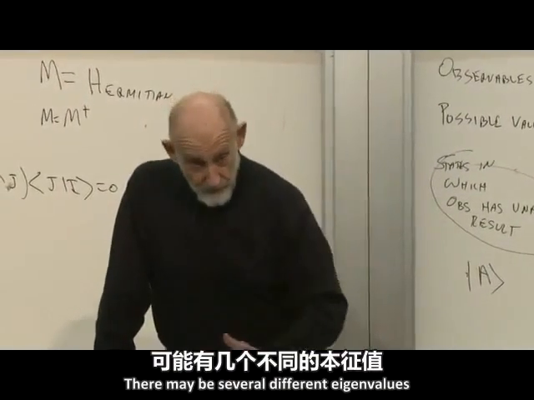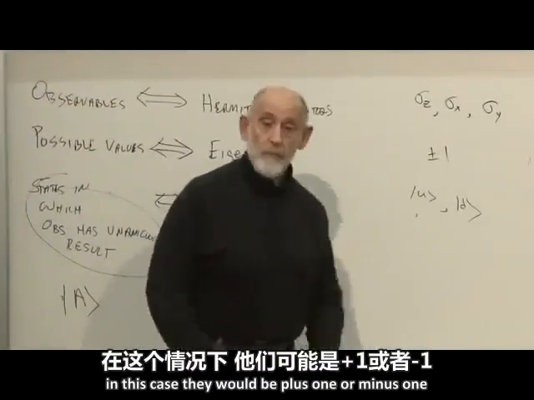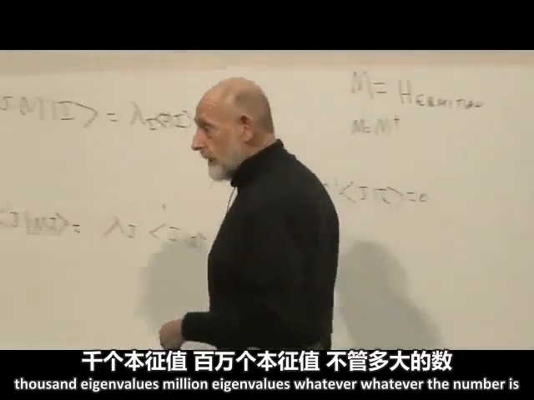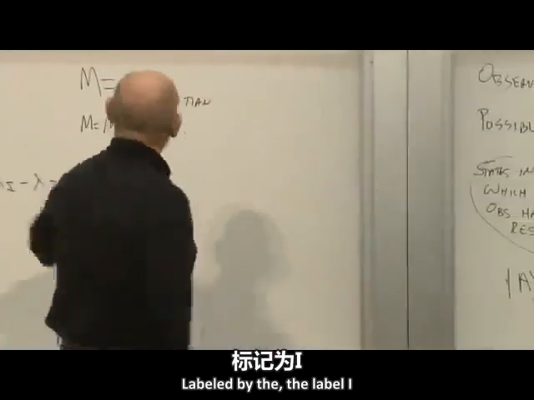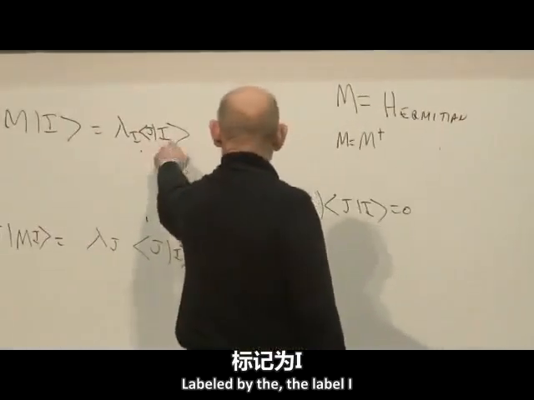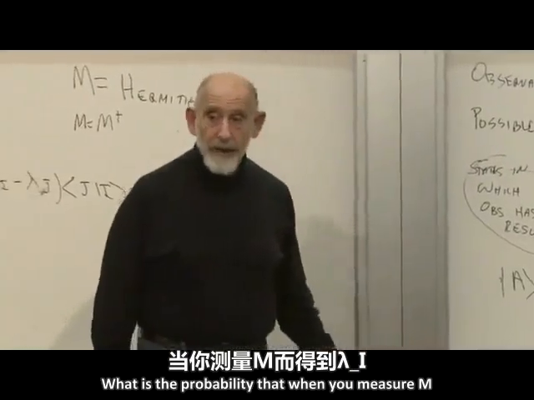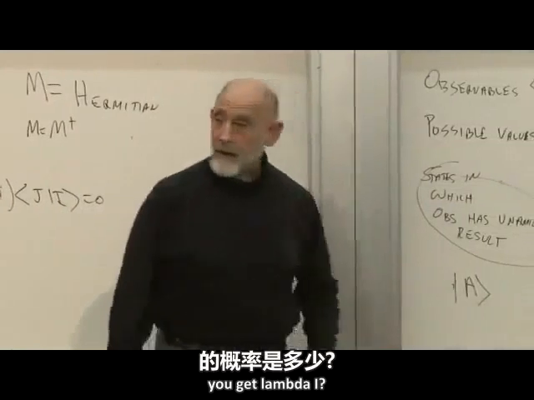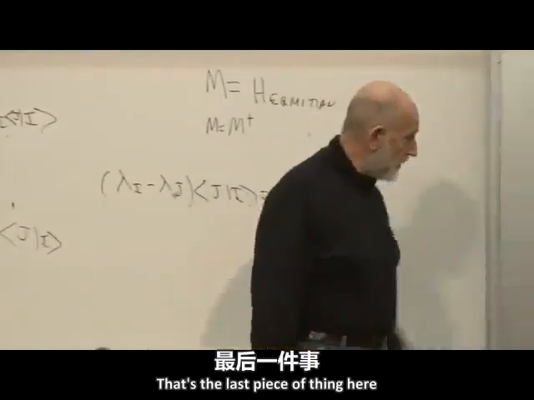There may be several different eigenvalues. In this case, there would be +1 and -1, but more generally, 1,000 eigenvalues, 1,000,000 eigenvalues, whatever the number is, labeled by the label I. What is the probability that when you measure M, you get lambda I? That's the last piece here.